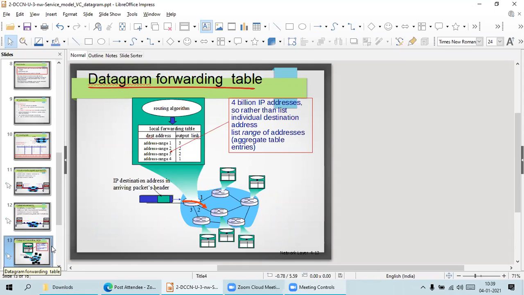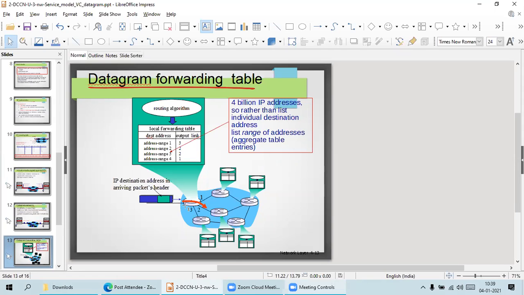Here you see how this will happen with the help of IP addresses. I have a router here. The first one is the inlink, where I am getting the data from.